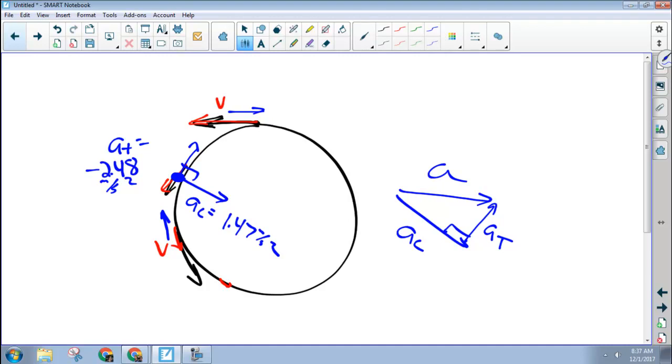Some of it is towards the center to turn it, and some of it is against the motion to slow it down. That's tough. I wouldn't do it like that on a test.